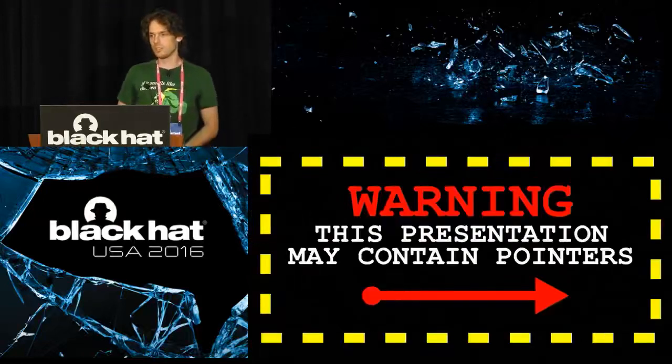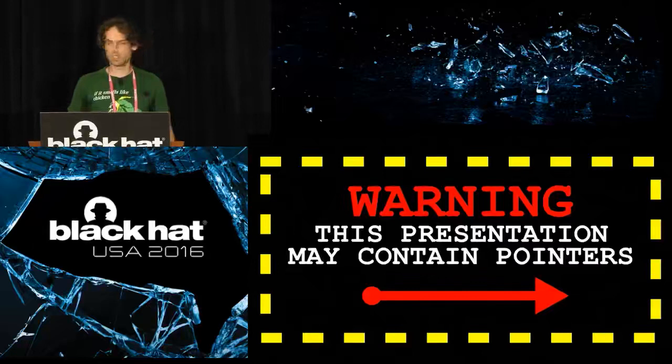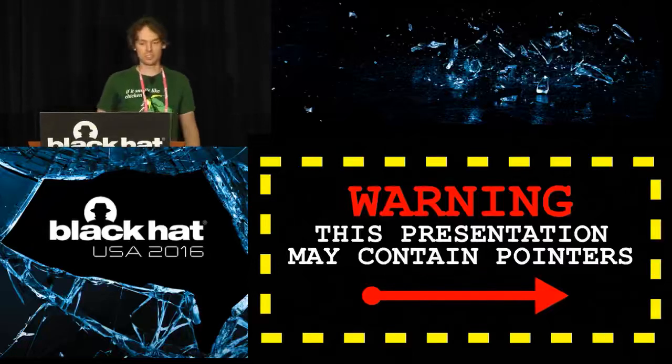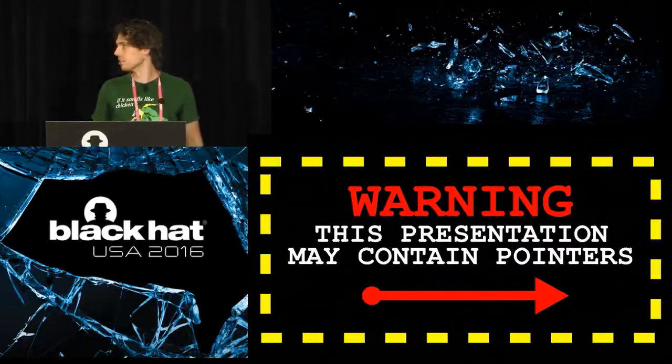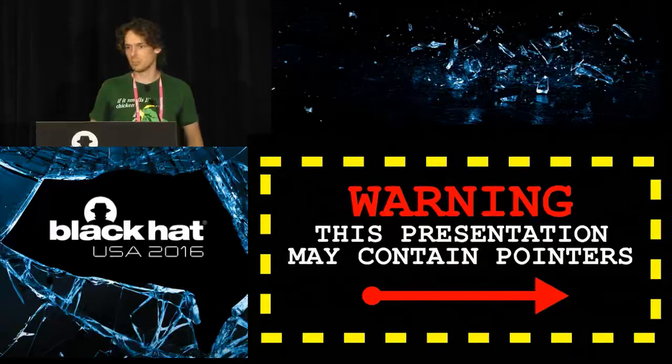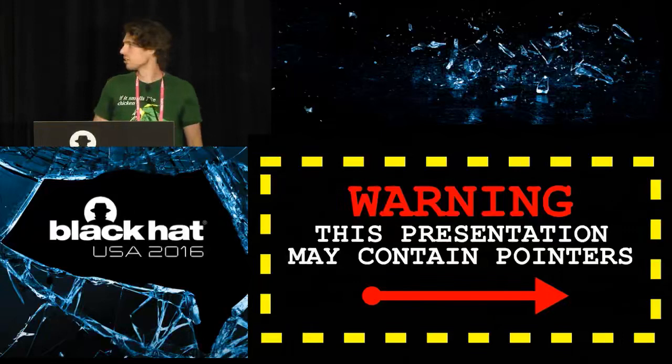First, a warning. This presentation will be fairly technical, so you may encounter some pointers. I've tried to make it as easy to understand as possible without sacrificing the technical content.